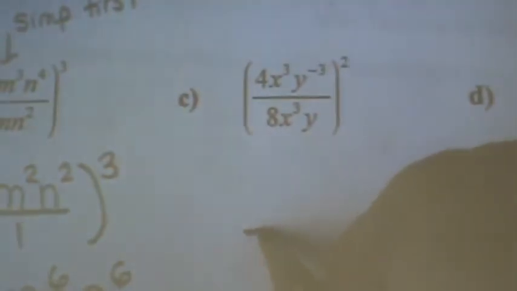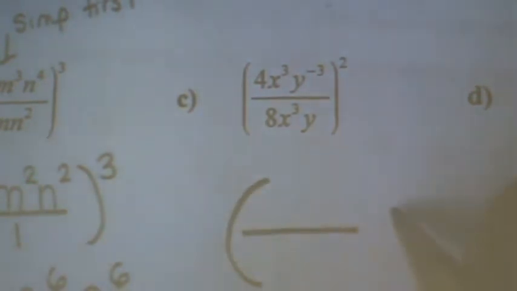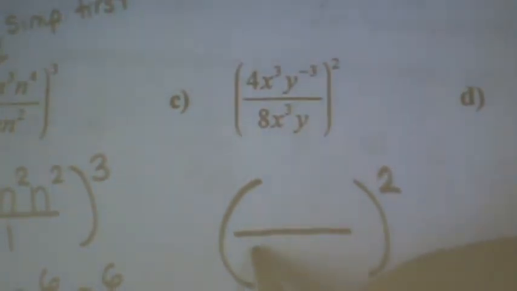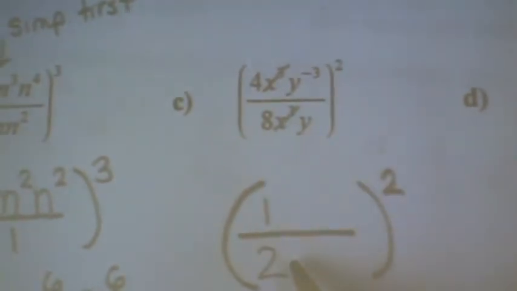Okay, C also, you're gonna simplify this first. So what do you have before you square everything? Look at your 4 and your 8. What do you get? 1/2. How about the x's? They cancel completely out.